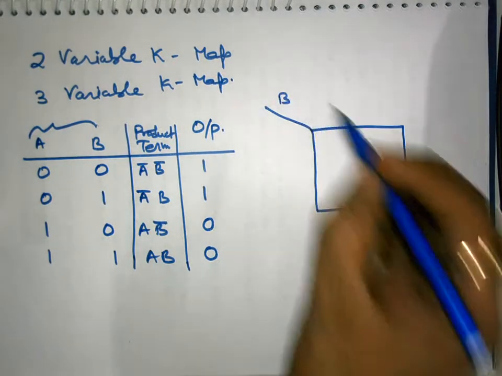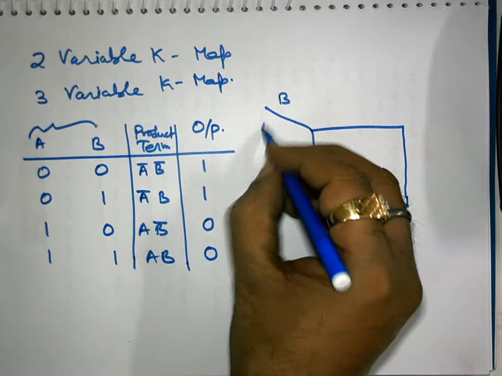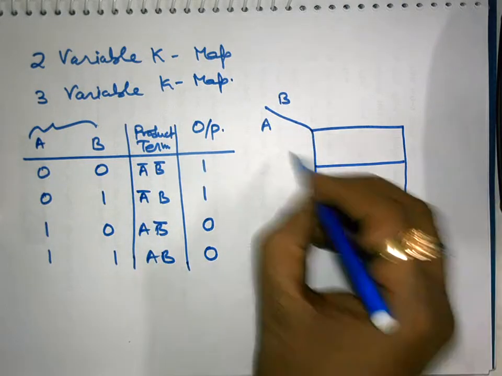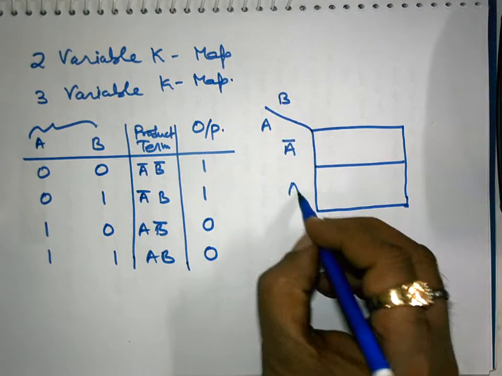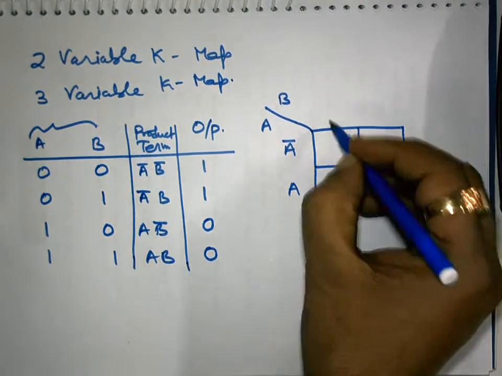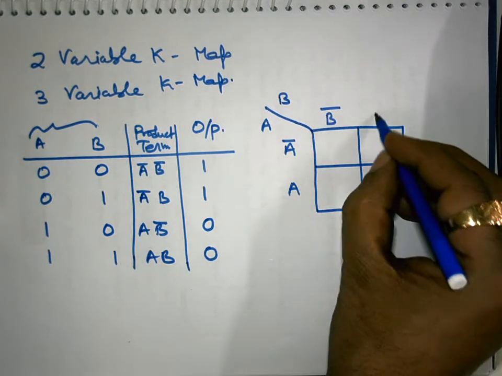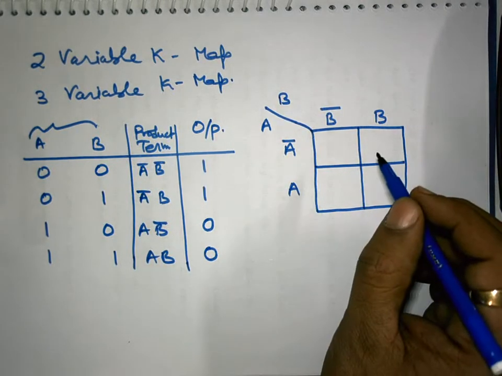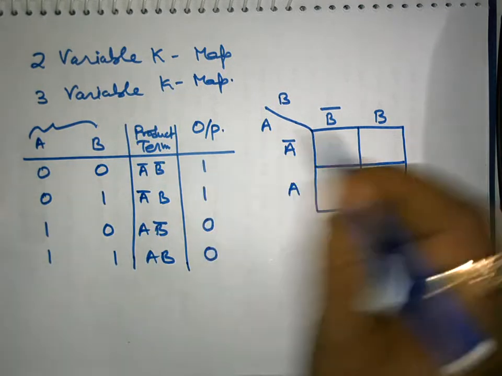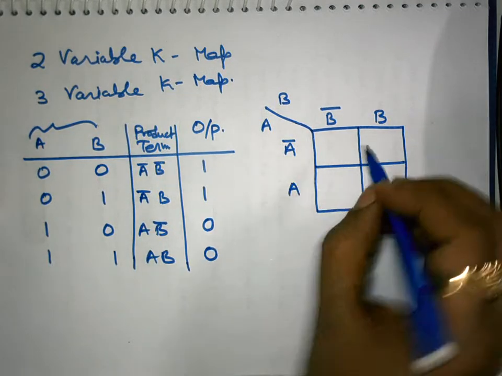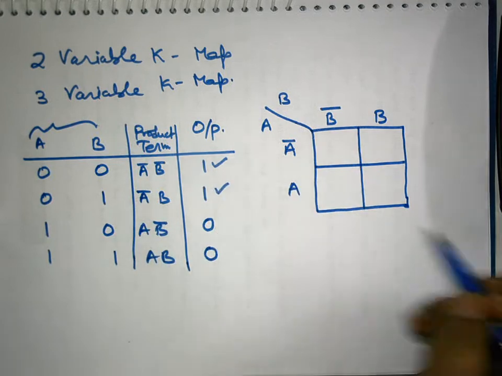You can put B at the column side and A at the row side, and the different variations that A can take are A bar and A, and the different variations that B can take are B bar and B. In which squares do we have to put 1?